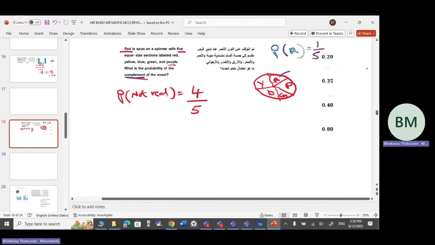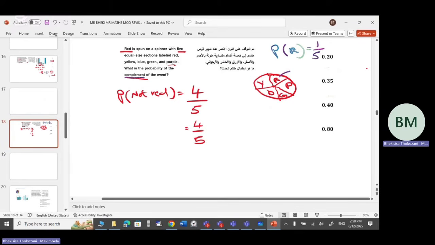Why are we saying 4? Because 1, 2, 3, 4, four of them are not red. But always remember, you need to write your answer as a percent. So how do I write my answer as a percent here? I look at the denominator, which is 5. How can I change this 5 to 100? To change the 5 into 100, I need to multiply by what?